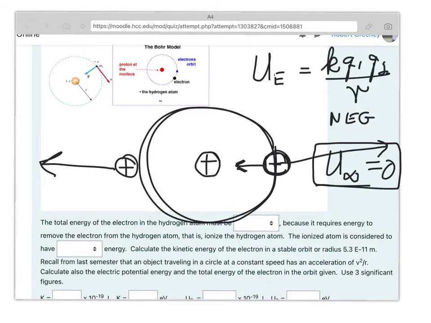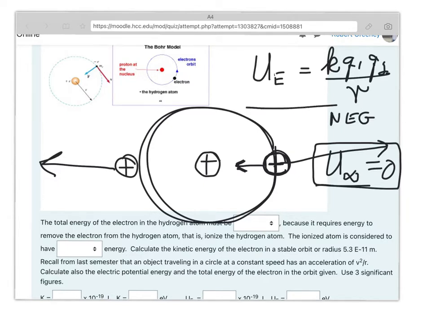And if you remove an electron from an atom, you've ionized the hydrogen atom. This is kind of a combination of chemistry and physics. And the amount of energy it takes to get the electron out of the influence of the proton, far away, is the ionization energy.